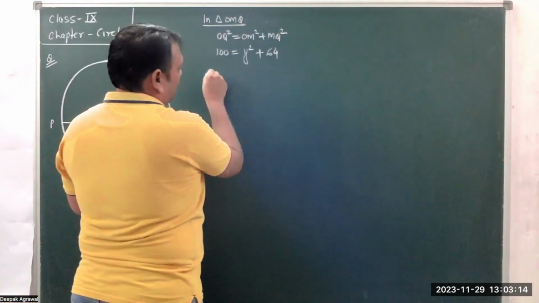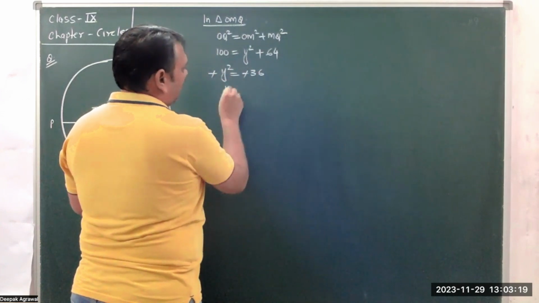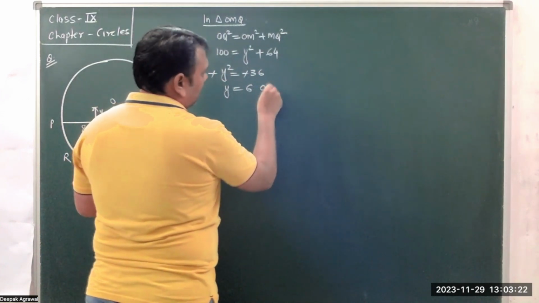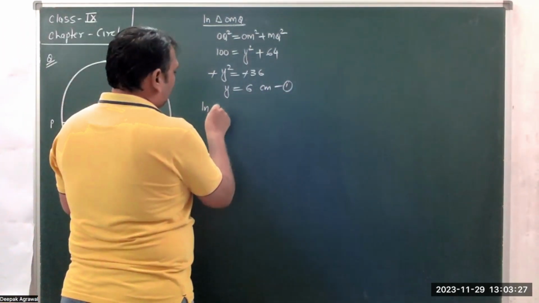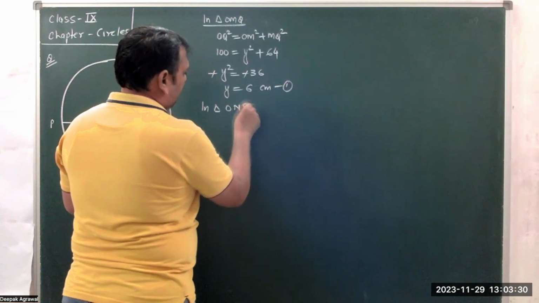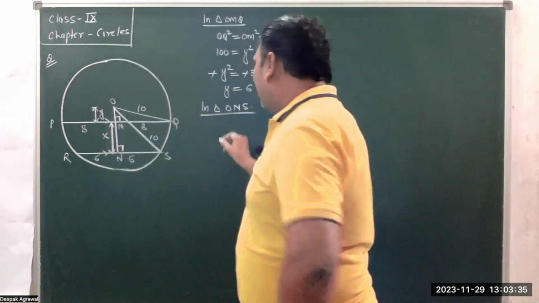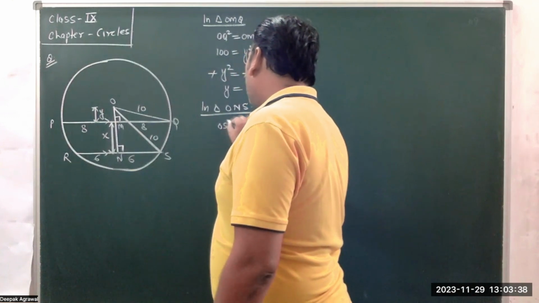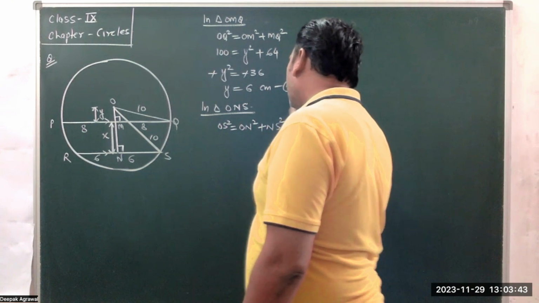Fine. So y square comes on this side, 100 goes on that side, minus 64 is 36. y is coming as 6 centimeter. Number 1. Similarly, in triangle ONS, OS square is equals to ON square plus NS square.